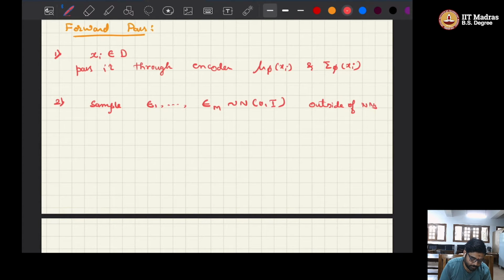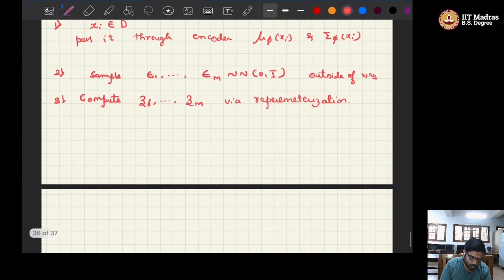So then what you will do in step 3, you compute z1 till zm. This is done via reparameterization.